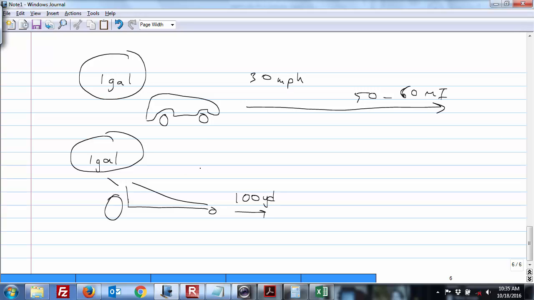And let's just say the dragster, for the sake of argument, I know it's not going to go from 0 to 60 in 100 yards maybe. But let's just say it's doing 200 miles per hour at some point during its travel. What is this?